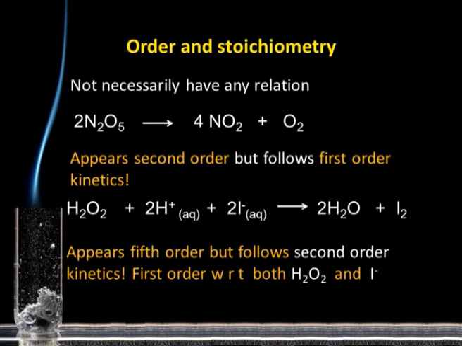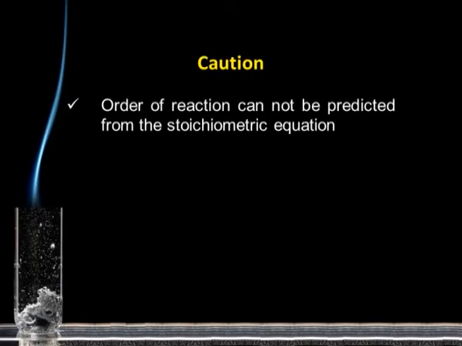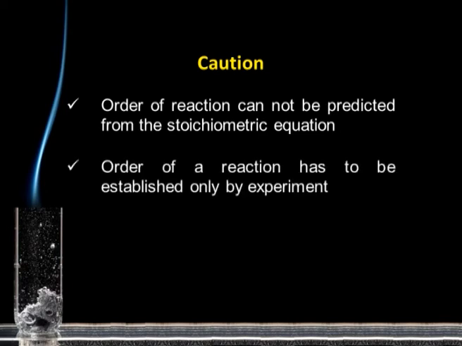Therefore, we have to be very cautious in talking about order of reaction. Order of reaction cannot be predicted from the stoichiometric equation. Order of reaction has to be established only by experiment.